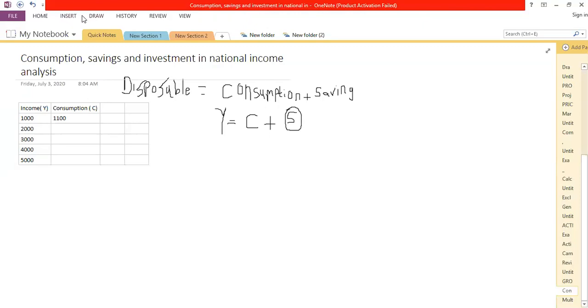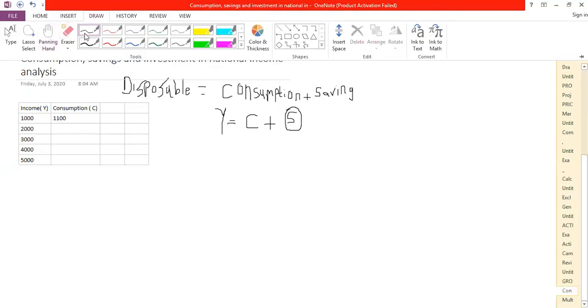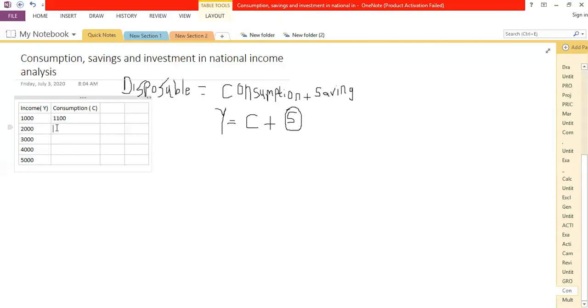So let's now look at, if you are given the level of the income in a nation, what happens to the consumption? So I have a few points to consider as my level of income, assuming this could be in billions of shillings or millions of shillings or trillion in a country. The level of the income, let's say it is at 1,000 units, and that we are consuming 1,100. What does that one mean?